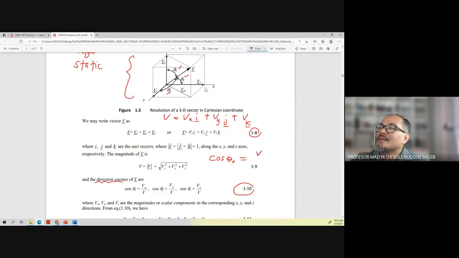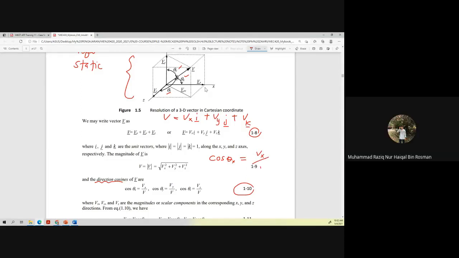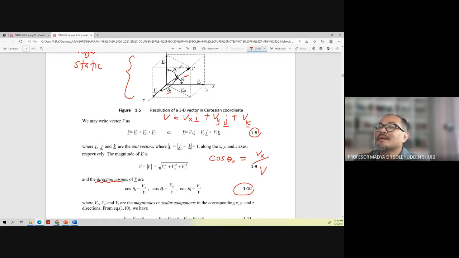So cosine theta x equal to vx divided by v. Okay, which v are we talking about? We are talking about the magnitude of v. So how to get the magnitude of v? You take the square root of vx squared plus vy squared plus vz squared.